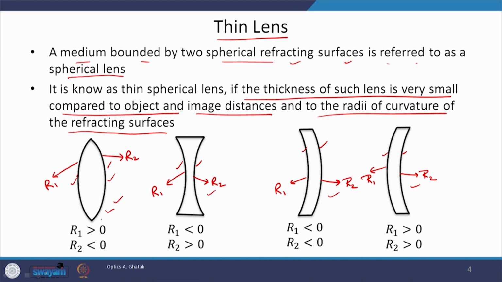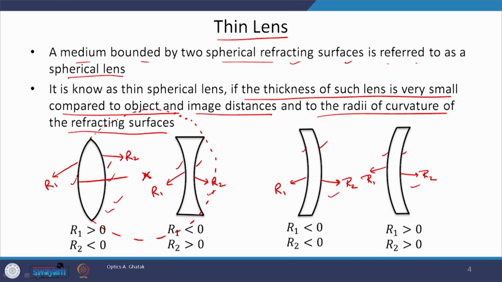Now, in the first figure, you see that this first curvature, which is of radius R1, is part of a big sphere. You can draw a sphere like this. This sphere is extending towards the right of the lens. The center of this sphere would be somewhere here.